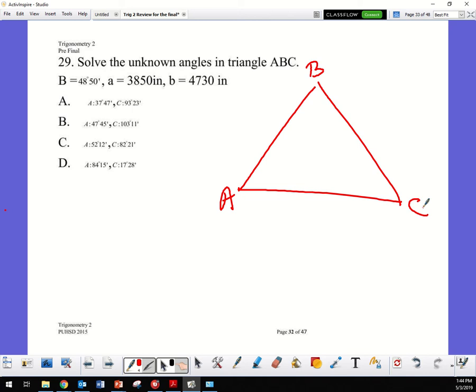So we have big B, 48 degrees 50 minutes. Little b is 4730. Little a is 3850.